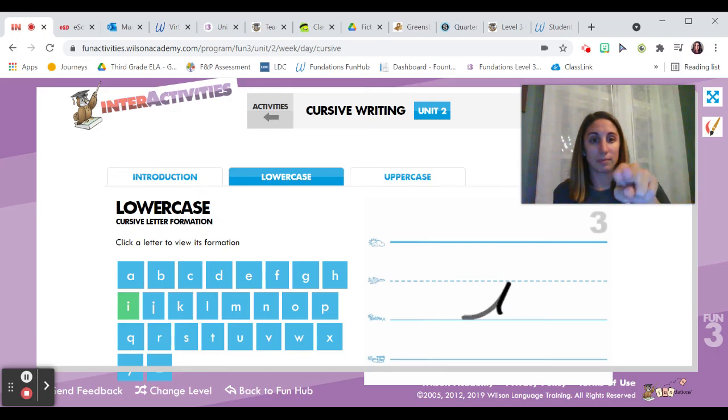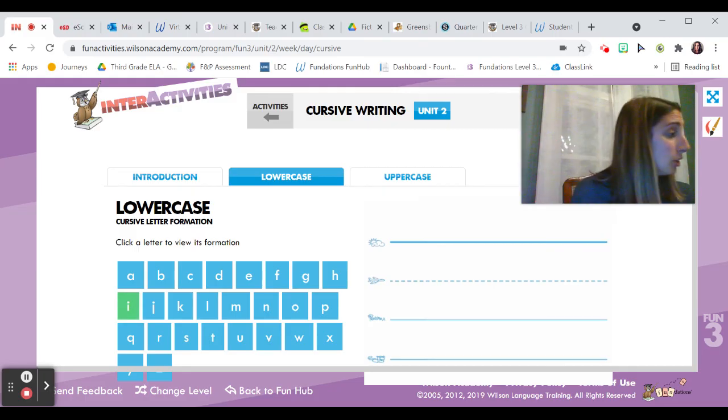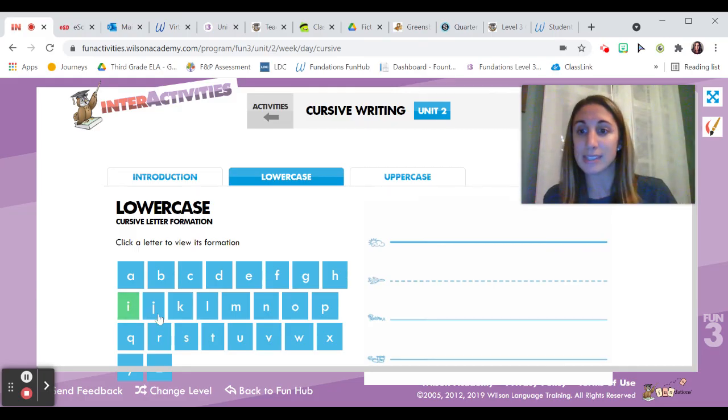Trace down to the grass line and make a tail. Add a dot. Okay, that one was lowercase i. So you can always go back and rewind this video in order to see it again and again. But now I'm going to show you the next up-down letter, which is lowercase j.